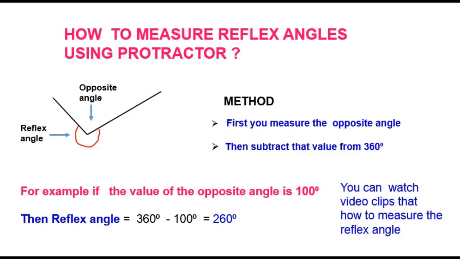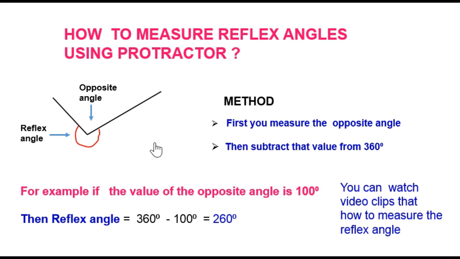How to measure reflex angles using a protractor. Measuring reflex angles is a little different, and you have to learn that. Here I have given a very easy method. There are some other methods also, which you can see in the textbook.